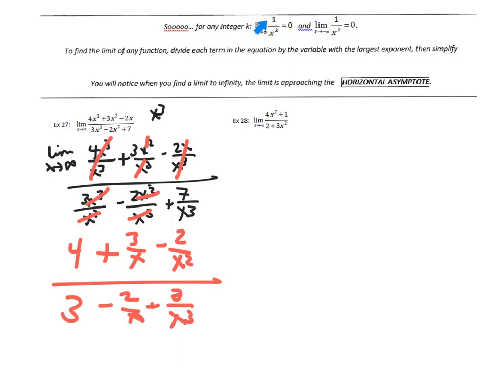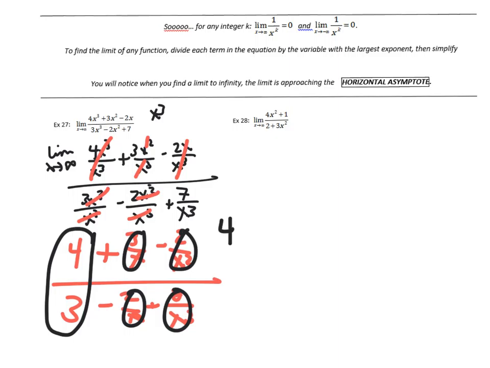And before we said that anything that is 1 over x to any power, its limit is 0: 0 for this one, 0 for this, 0 for this, 0 for this. So that's why that little trick that I taught you at the beginning of the year works, because your limit is 4/3. It's just the coefficients of the largest variable, and then take those coefficients on top and bottom.